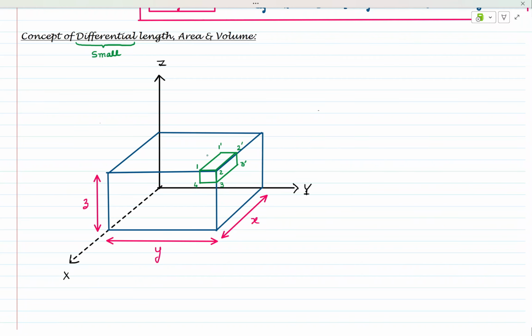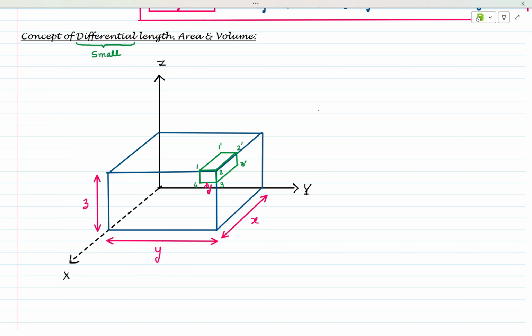Now, the small block has a small length. What is the small length? The large block has the large length, that is y. So for the small block, it has the small length, that is del y, in the same direction. This is dy, because the small block has a small length.